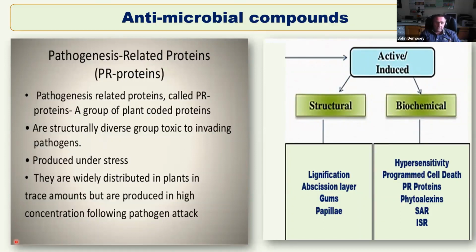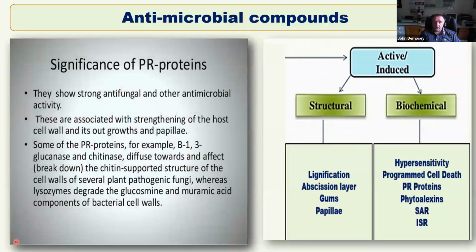A lot of these are called pathogenesis-related proteins, PR proteins, and they're produced under stress. They're widely distributed in plants under pathogen attack, and they have a number of functions. First of all, they will directly attack microbes and pathogens. Some of them are also used to strengthen cell walls and various other parts of the plant.